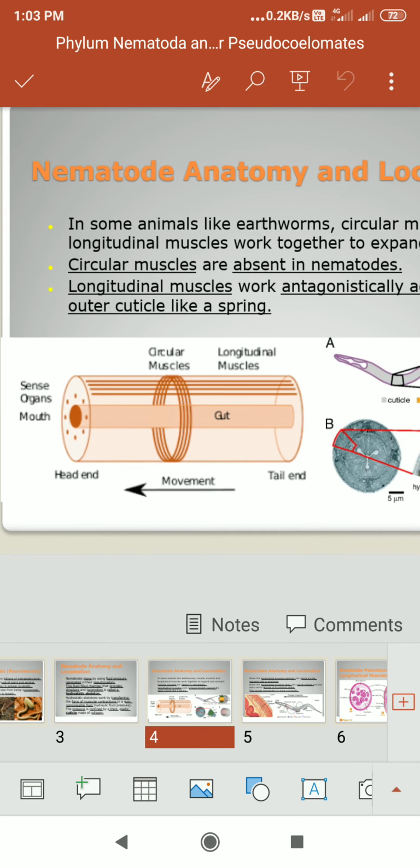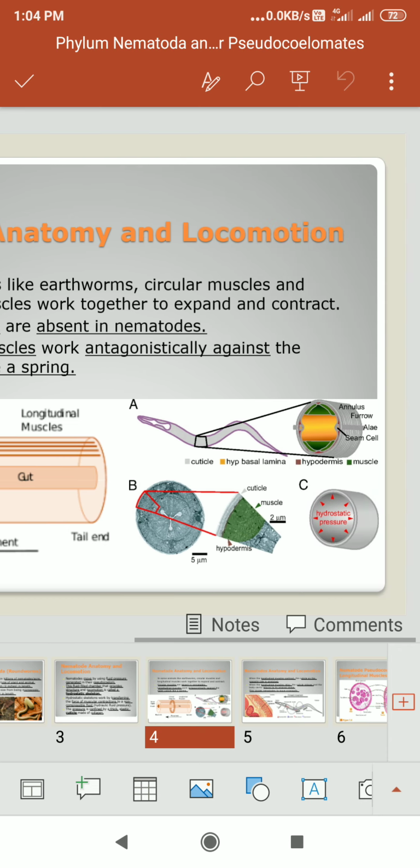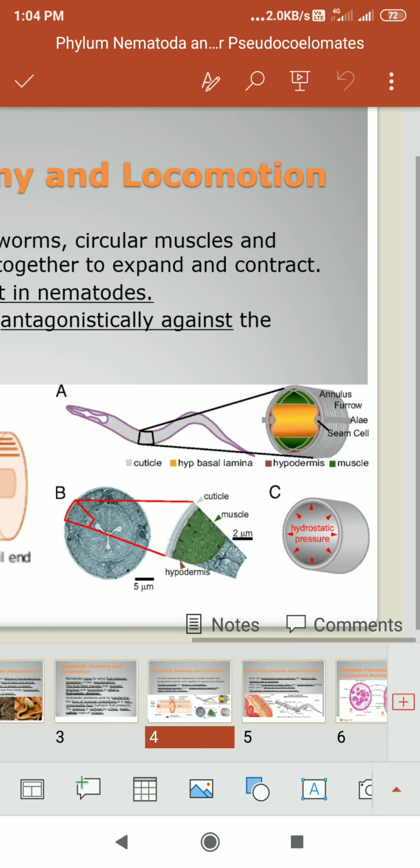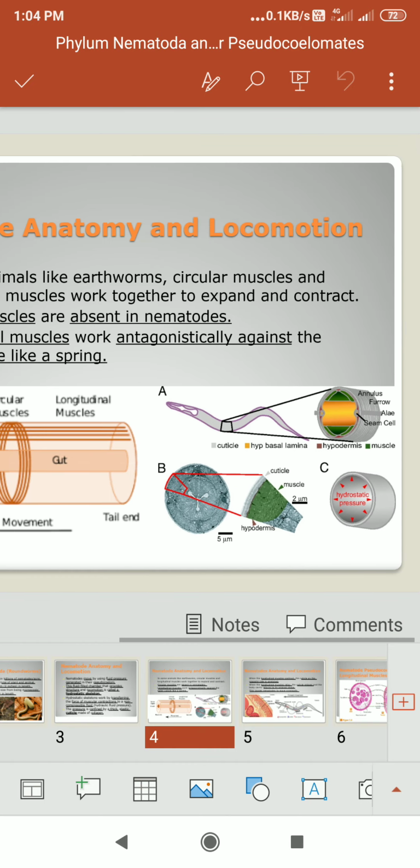You can see the mouth, circular muscles, longitudinal muscles and gut in this anatomy of the roundworm, and how hydrostatic pressure works in these animals.